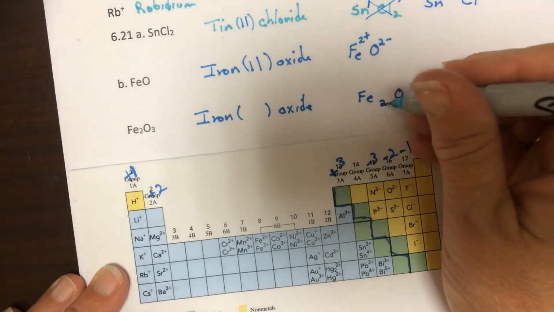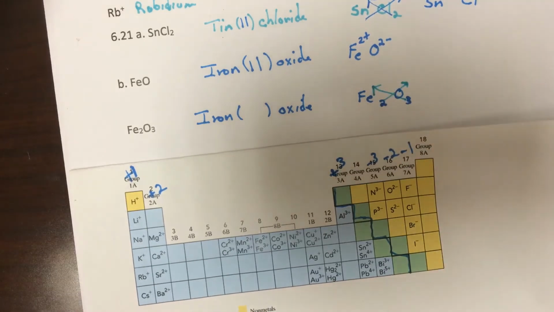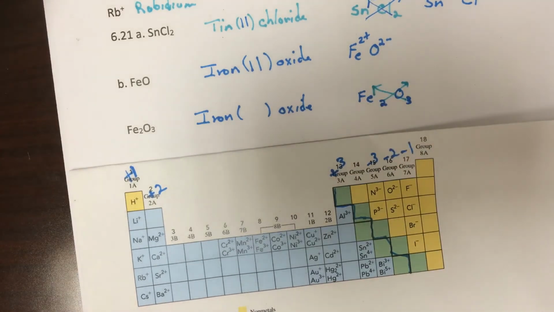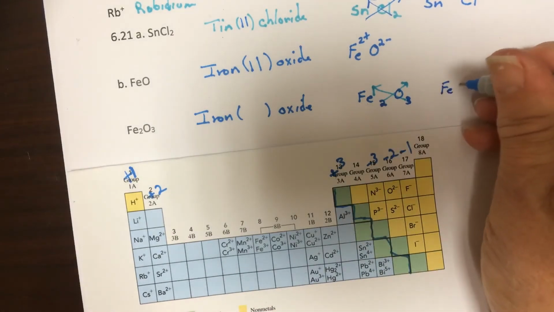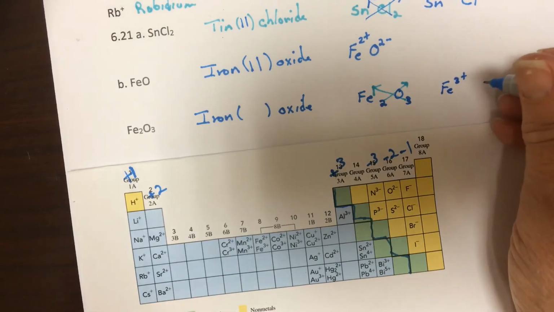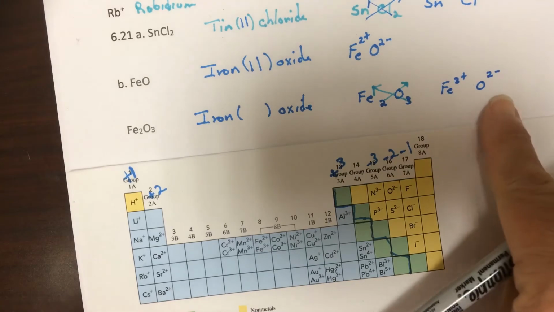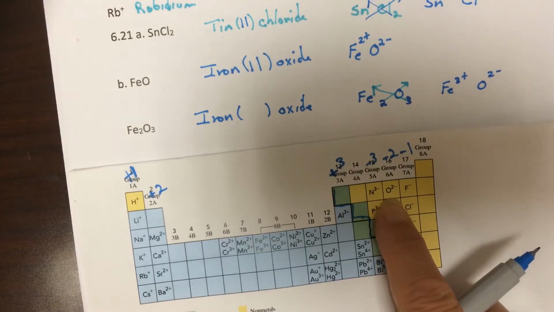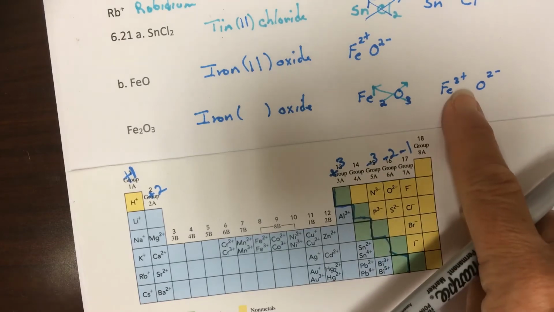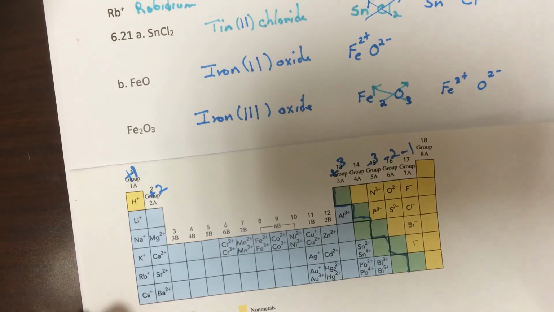It seems kind of small. So put that there. The subscript becomes the superscript of the other ion. And that gives us iron with a 3 and oxygen with a -2. And we know oxygen has a -2 because it's right here on our periodic table. And so we must have iron(III) oxide.